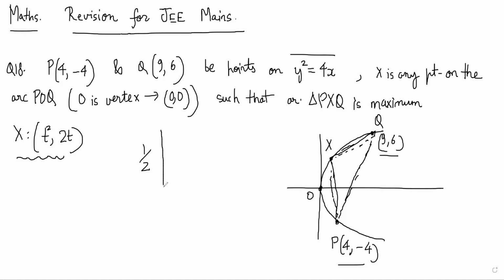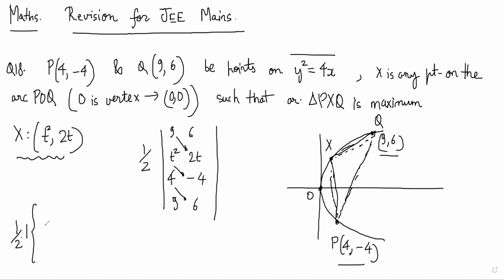The area of triangle will be written as half of the determinant with rows (9, 6), (t square, 2t), (4, -4), (9, 6). And you do the shoelace method, you'll get half of mod of 18t minus 4t square plus 24 minus 6t square minus 8t plus 36.